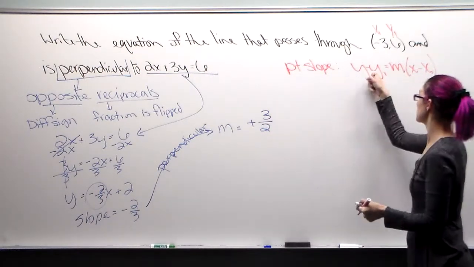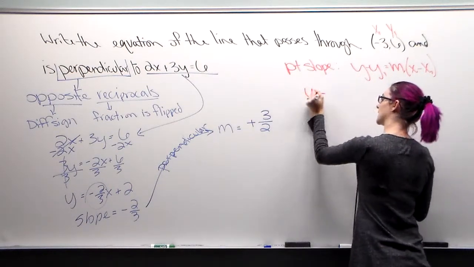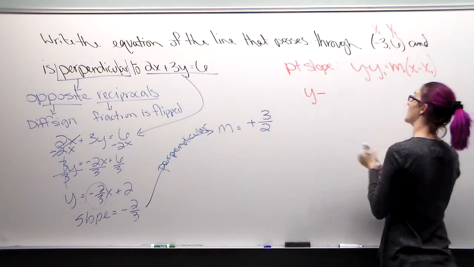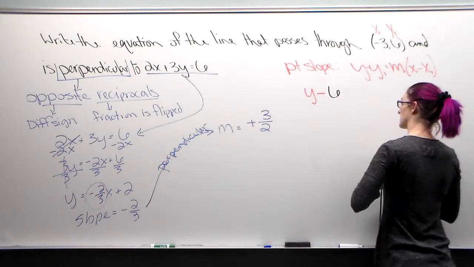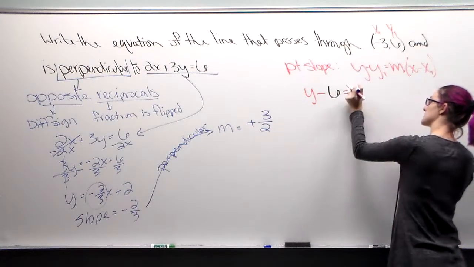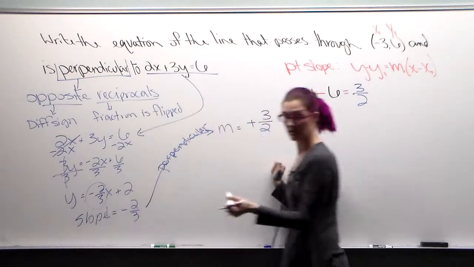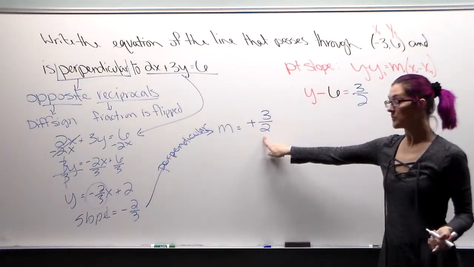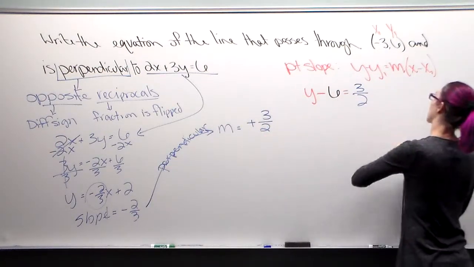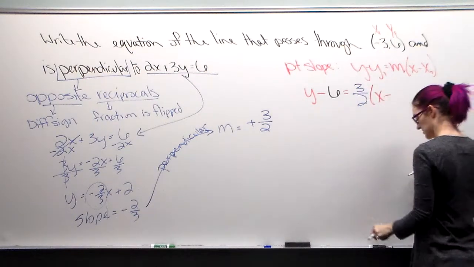You only substitute in for y1, x1, and m. So I have y - y1, which is 6, equals m, that's 3/2. Again, we don't care about any of this anymore. We have the slope we want, that's all that matters. Parentheses, x - x1.